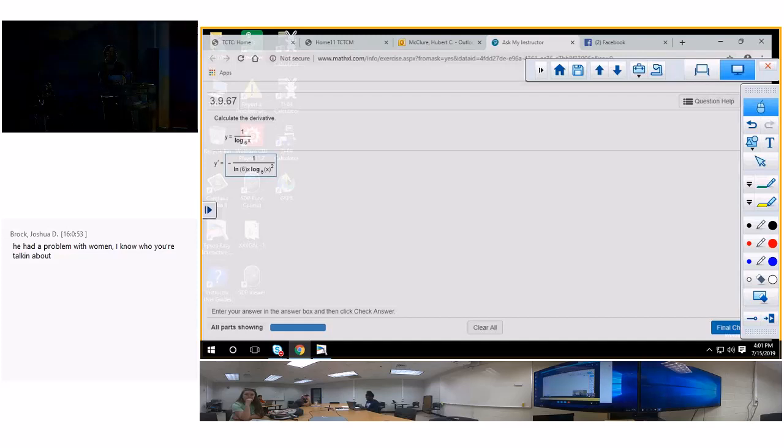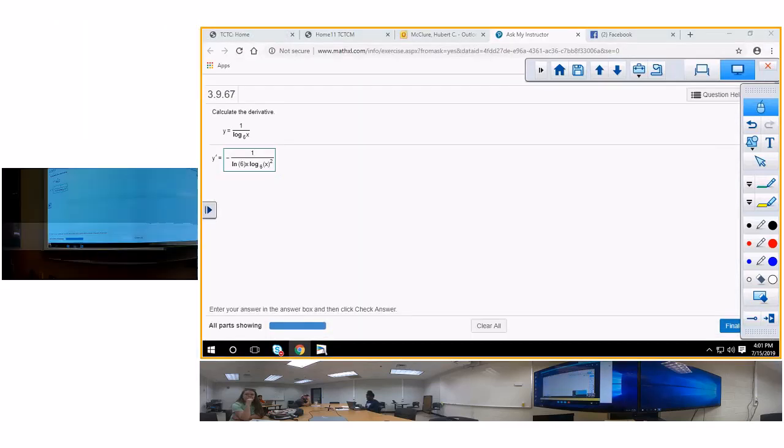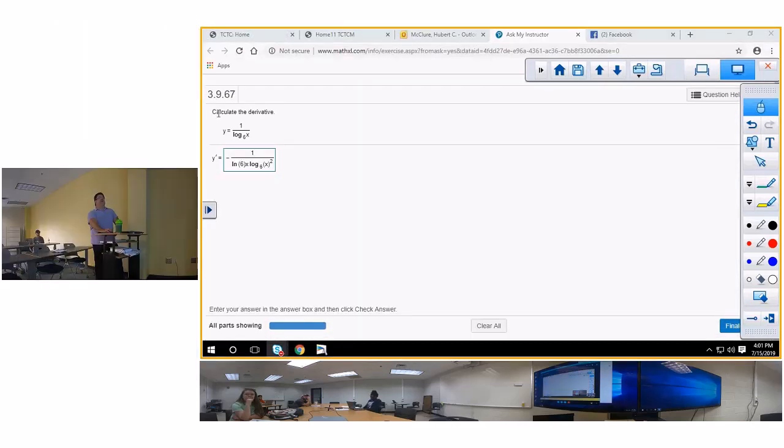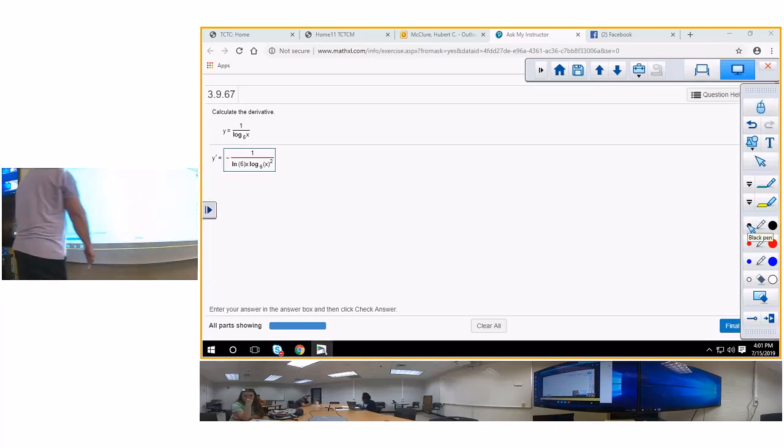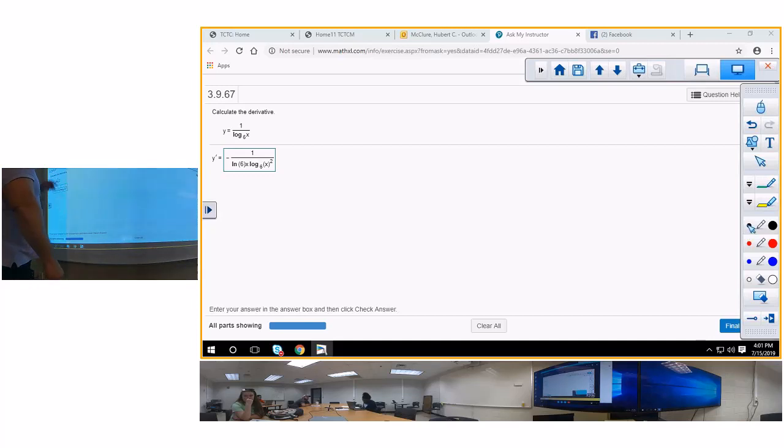Oops. I lost my screen. Hold on, guys. There we go. All right, so now you don't have to write it with the natural log. I'm going to do it both ways. The change of base formula says if you got something to a different base, you can rewrite it using log base 10 or log base e.